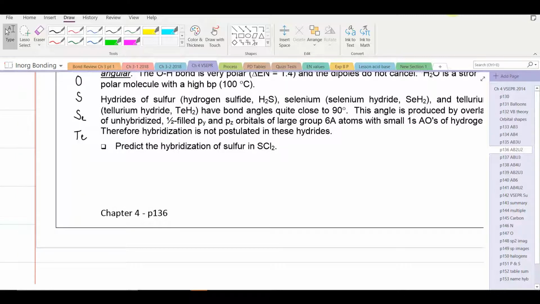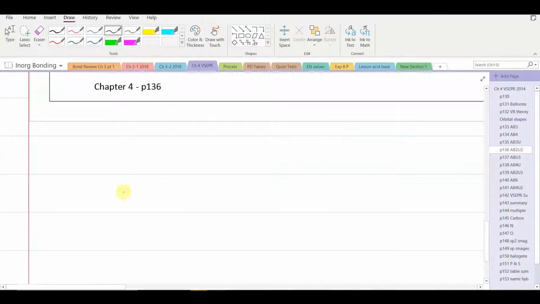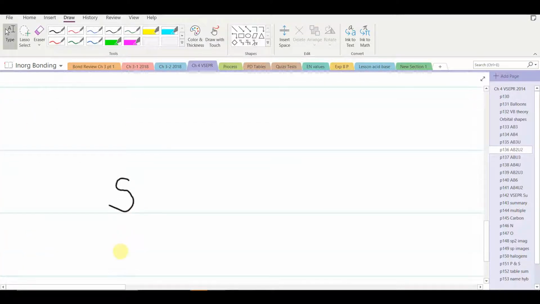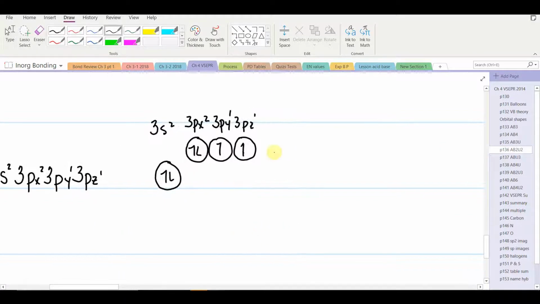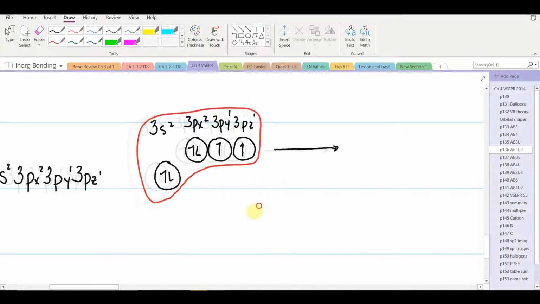Predict the hybridization state of sulfur in sulfur dichloride. We'll start by drawing the electron configuration of sulfur. Sulfur is in group 6a, like oxygen. All right, hybridization. In order to form the proper shape of the molecule, we propose that in sulfur, the s orbital and all 3 p orbitals are mixed together and reshaped.